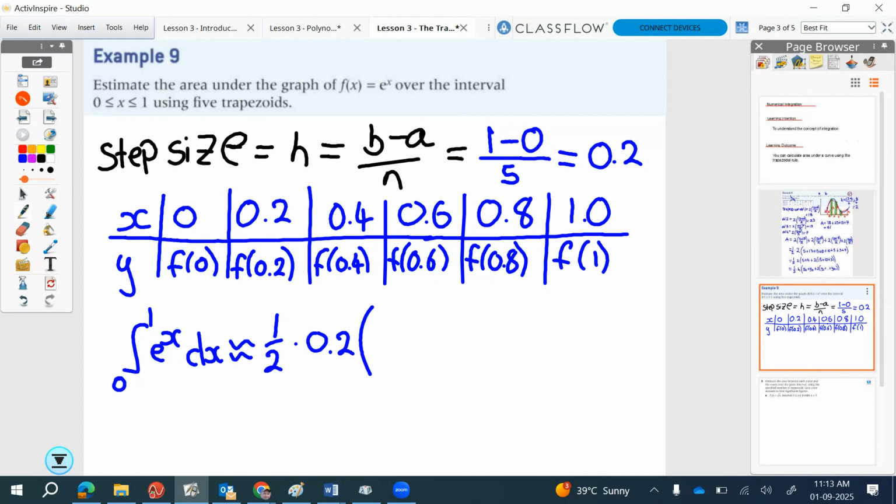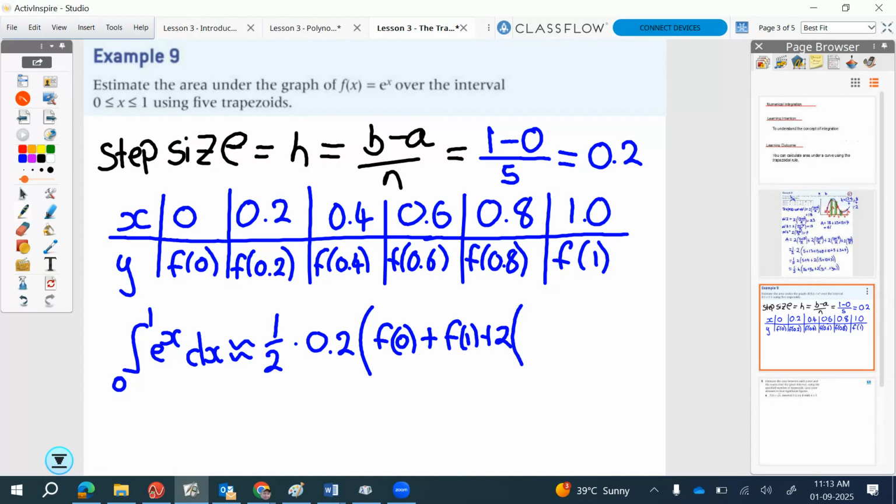What's our first y value? F of 0. Then we need our last y value, f of 1. And then we need 2 lots of every y value in between.